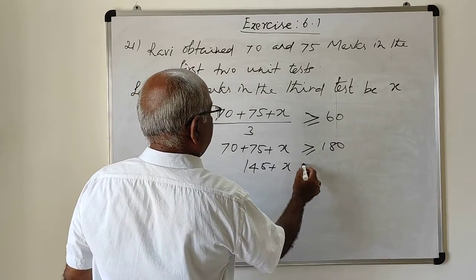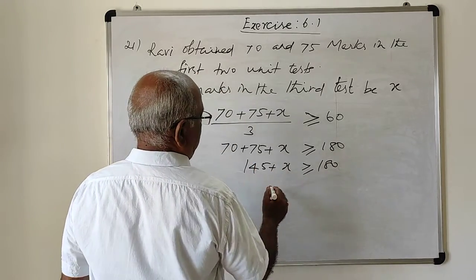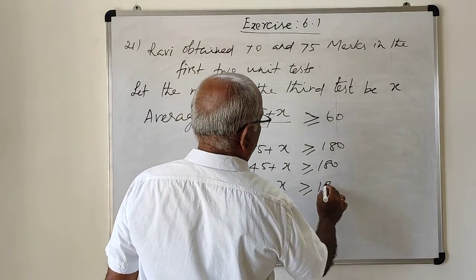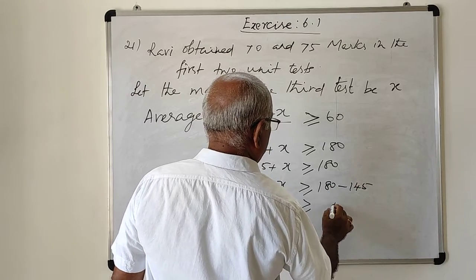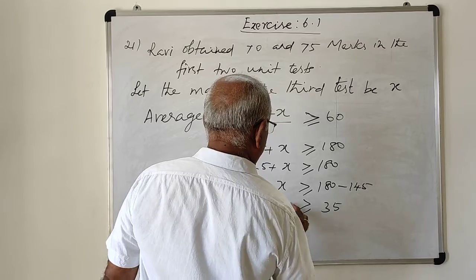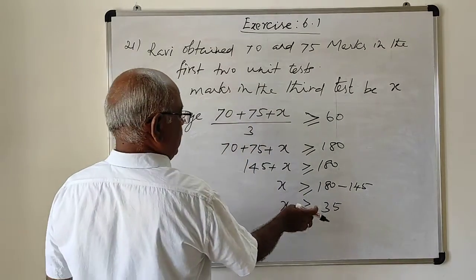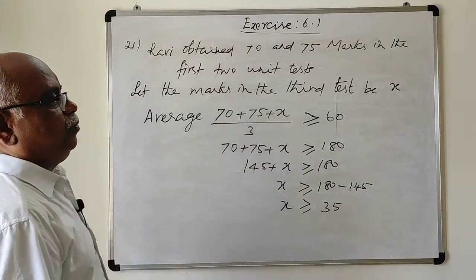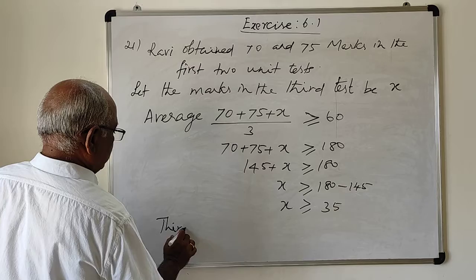145 plus x is greater than or equal to 180. So x should be greater than or equal to 180 minus 145, that is 35. So the marks Mr. Ravi should obtain in the third unit test should be greater than or equal to 35.